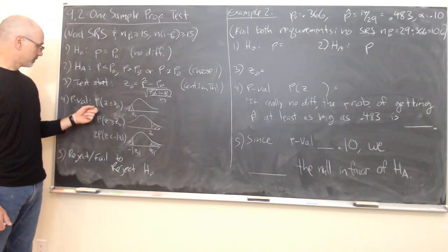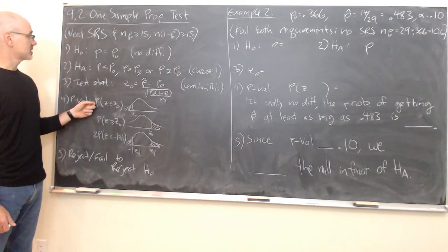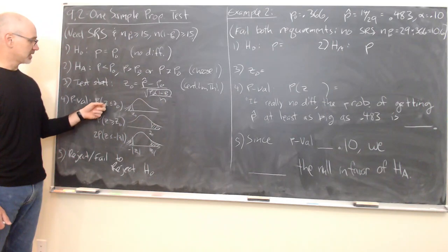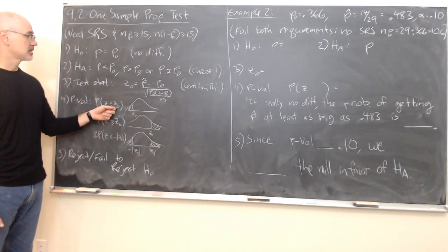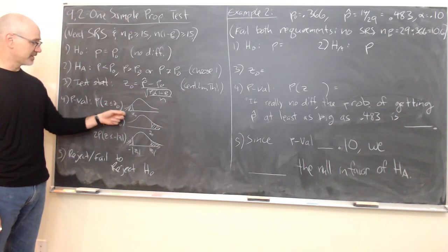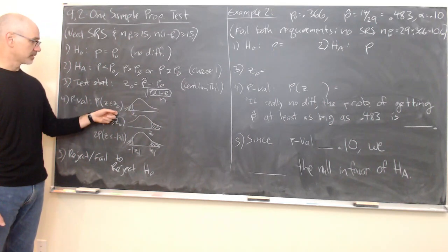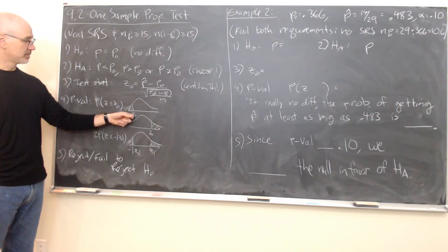So if our alternative hypothesis was a less than, then we would want to know the probability of getting something at least as small as our z naught. So that's going to be a left-hand area. We want to figure out the probability of getting a z naught or something smaller. Or you can think of it in terms of p hat, the probability of getting that p hat or something smaller.